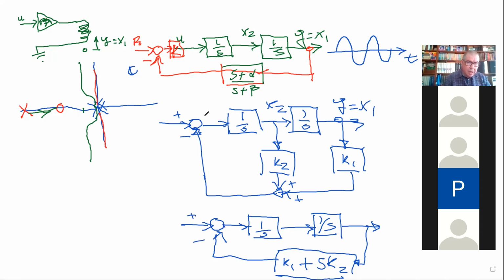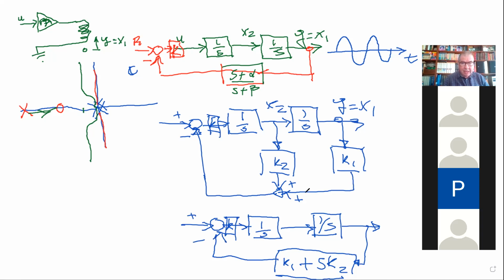Let's put here the K. And now what happens? Do you agree that both these blue diagrams are equivalent? Yes. In this case, we don't have to add a pole on the feedback.